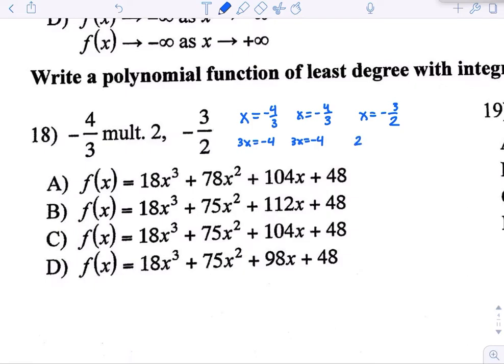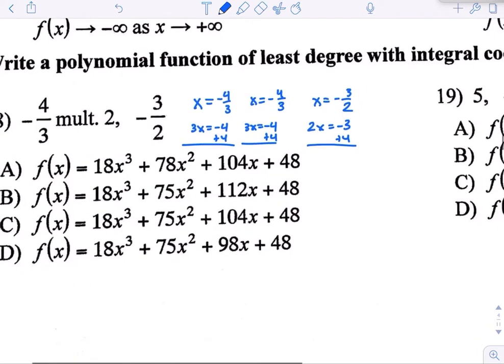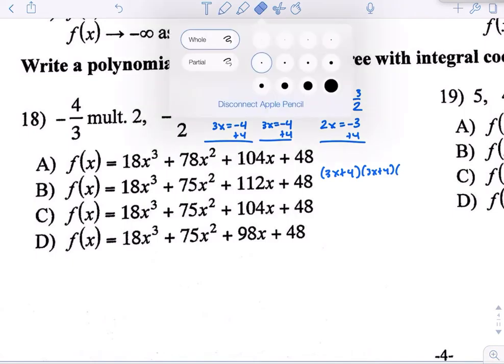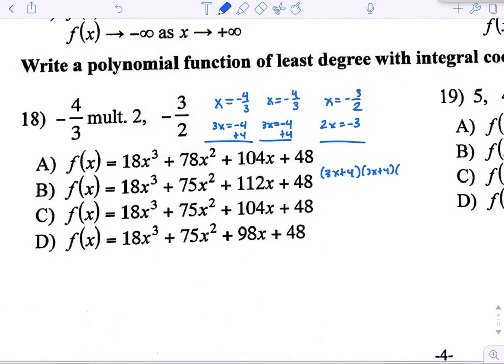So we're going to get 2x is equal to negative 3. Gotta set it equal to 0 so we can get it in polynomial form. So that means, I'm going to rewrite over here, we're going to get 3x plus 4 times 3x plus 4 times, oops, I wrote 4 right there, but that should be plus 3. 2x plus 3 equals 0.